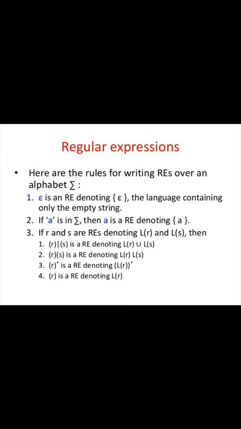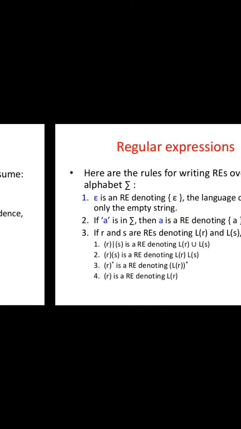If R and S are regular expressions denoting L(R) and L(S), then R|S is a regular expression denoting the union of L(R) and L(S). RS is the concatenation. R star is the Kleene closure, where the empty string is also to be considered.